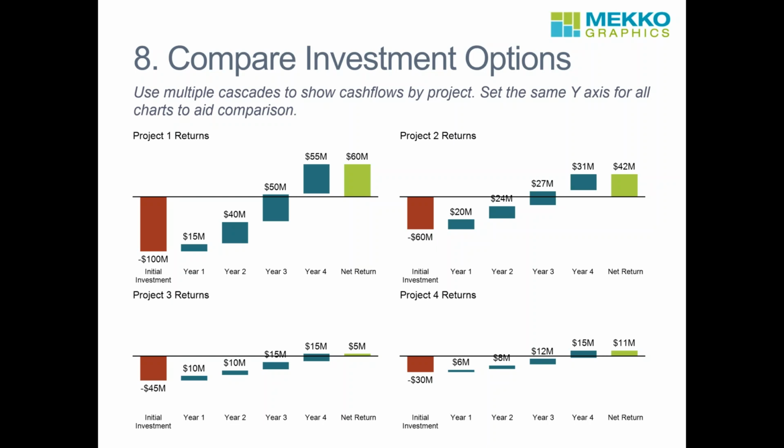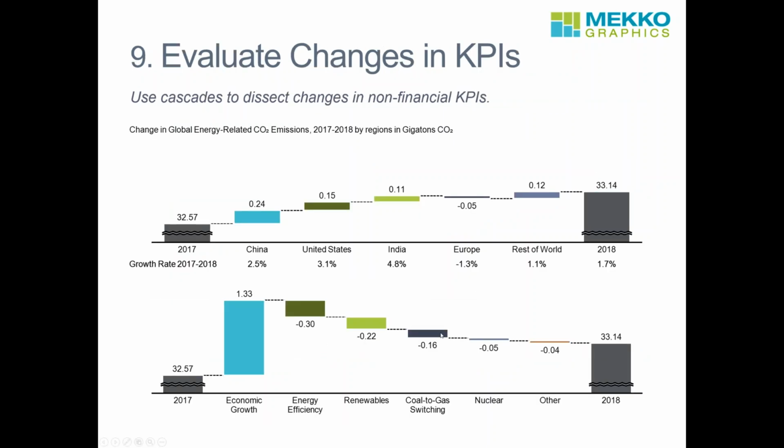A couple more quick things that I wanted to show you, just wrapping up, because I said I was going to be about 20 minutes, and I'm going to be about 20 minutes. The same notion we had in chart 2 to show change in revenue from one quarter to the next, we can also use to show change in other measures.